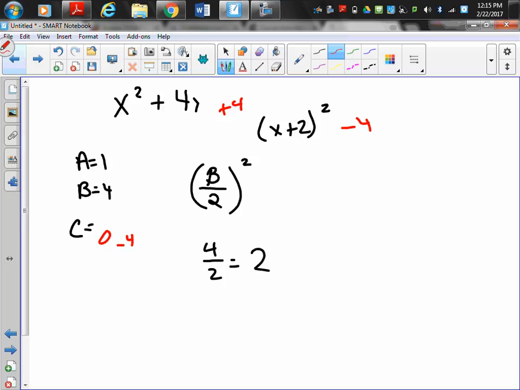So my 2 squared is 4. So you have to go 0 minus 4, which is minus 4.